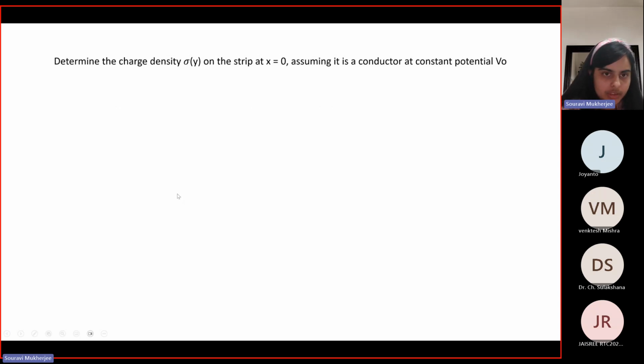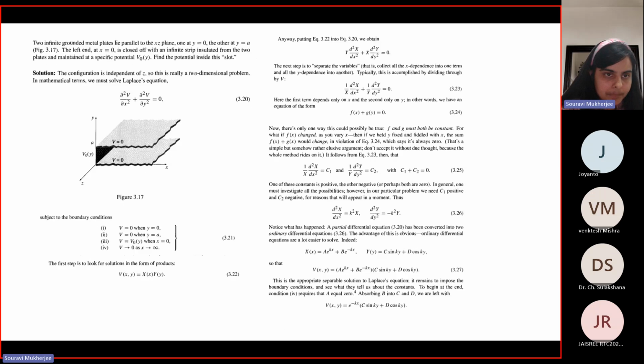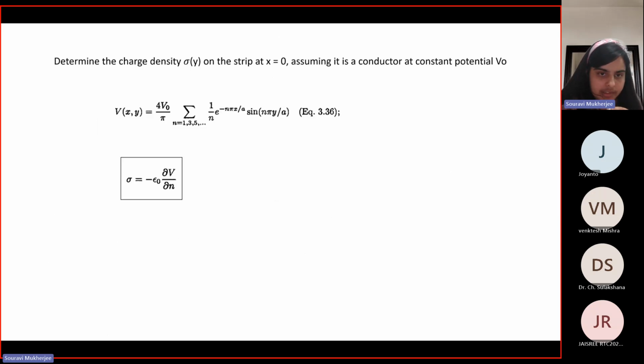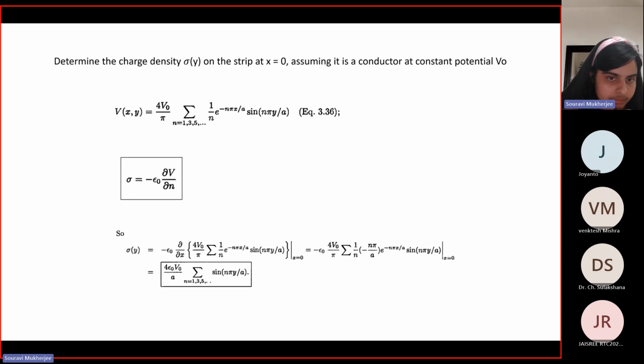In this question, the black strip is in the yz plane, so the normal is along x. That's why you do a derivative with respect to x. Yeah, ma'am. Clear. Okay.